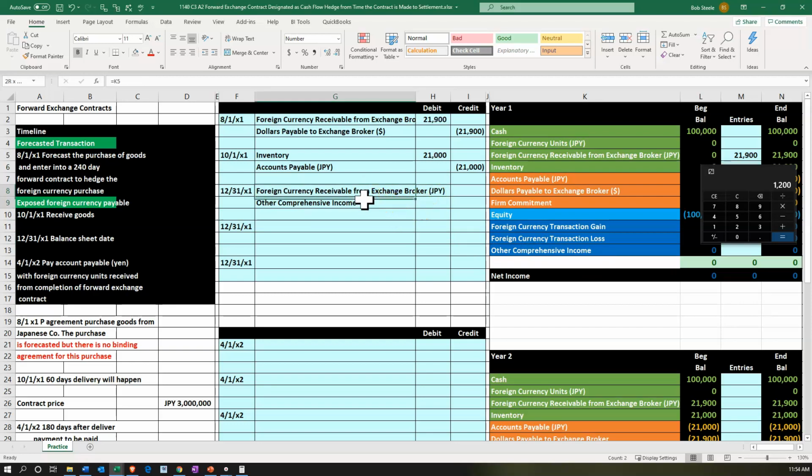So the two accounts that'll be involved, I'll add these again. We're going to say the foreign currency receivable is going to go up then by that 1,200. The other side then not going to the gain here, but rather to this other comprehensive income. So we're going to be putting this into the other comprehensive income. Let's calculate it again.